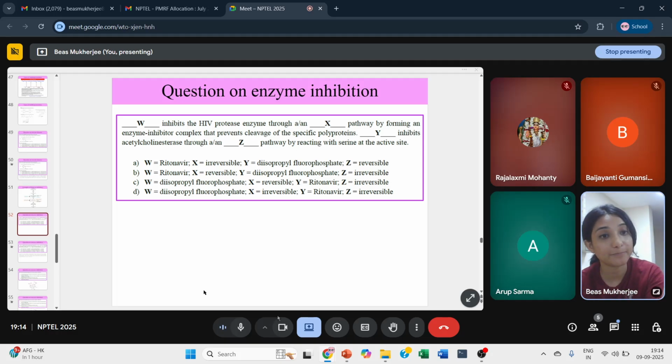So the question is: dash inhibits HIV protease enzyme through a dash pathway by forming an enzyme inhibitor complex that prevents cleavage of a specific polyprotein. Dash inhibits acetylcholinesterase through a dash pathway by reacting with serine at its active site. So does this sound scary? Are you thinking if you have to remember all the names and all that?